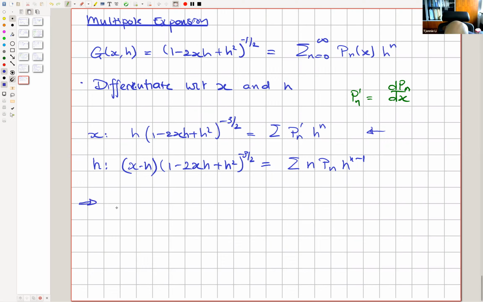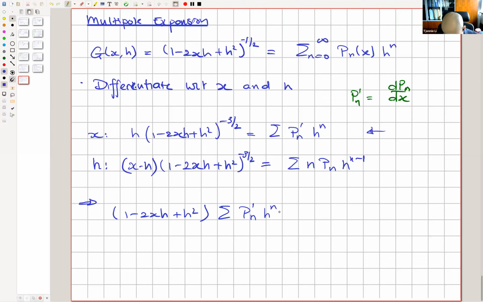So indeed, I'm going to multiply this equation over here, both sides, with 1 minus 2xh plus h squared. So I'm getting the following: 1 minus 2xh plus h squared, and this is simply Pn prime h^n.